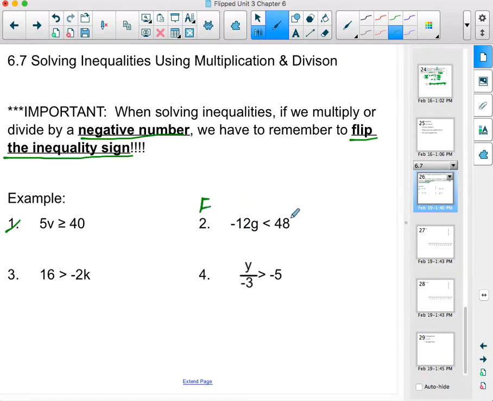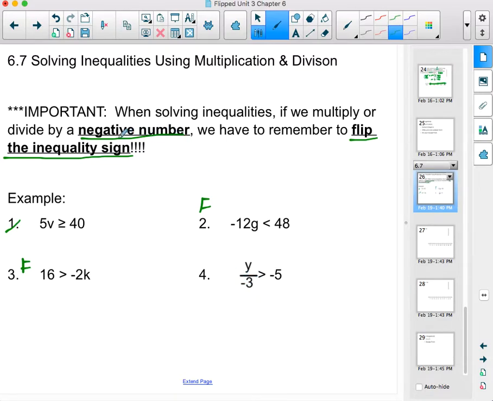Maybe you want to make this note for yourself for when you're doing these tonight in your assignment. Number 3, when we solve this inequality, we're going to have to divide both sides by negative 2. We're dividing by a negative, so number 3 will have to be flipped. And number 4, to solve this inequality, we will have to multiply both sides by negative 3.